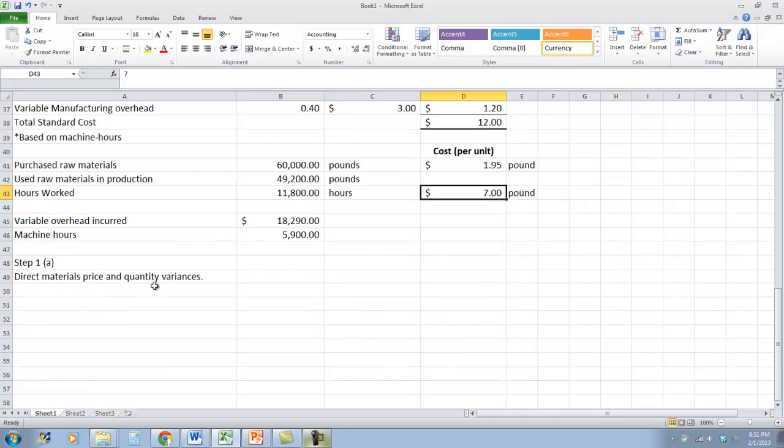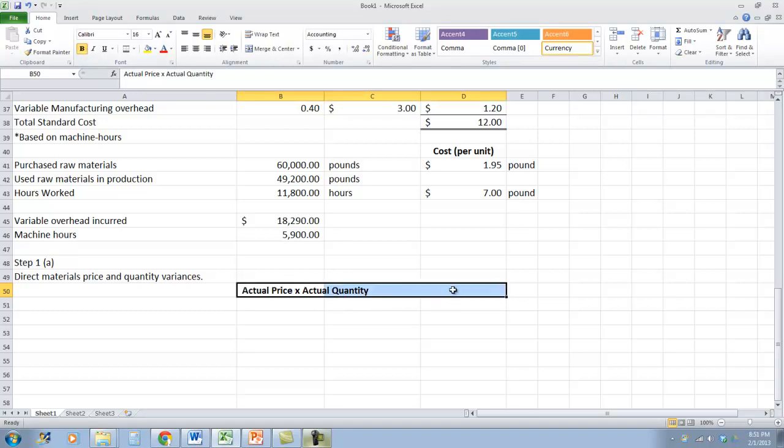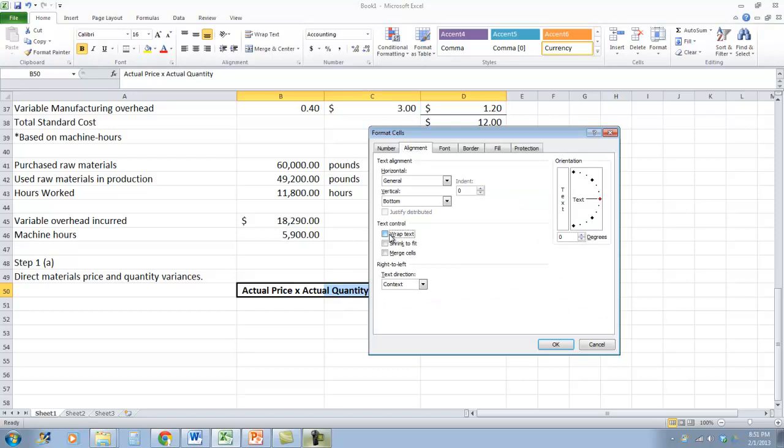So, step 1. We want to calculate the direct materials price and quantity variances. The very first thing you want to do is find actual price times actual quantity. And this is for direct materials. I'm going to wrap this text.